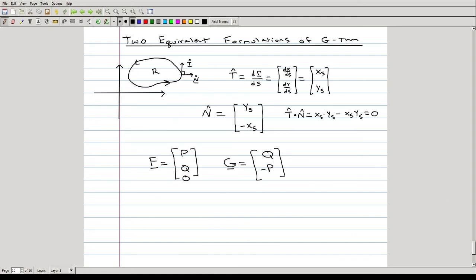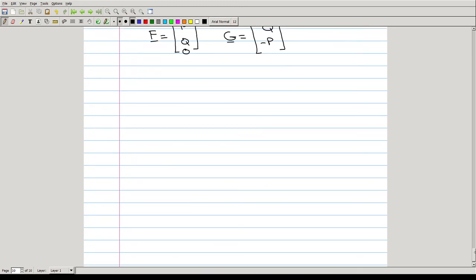And it should be clear to you that if we take the dot product of F with T, this is the exact same thing as the dot product of G with N. It's just equal to P times x_s plus Q times y_s.